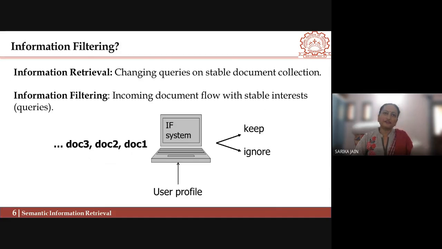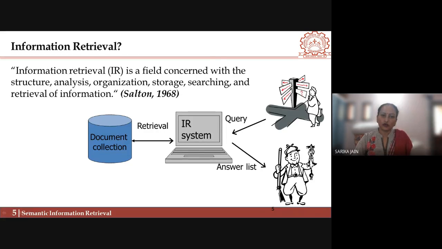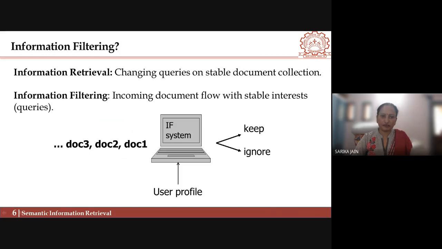It is a bit different from information filtering that people sometimes confuse. Information retrieval is changing the queries on stable document collection. As we have just seen, the document collection is stable and the query may keep on changing with different answers for every query. While in information filtering, the documents are many, the query is the same.